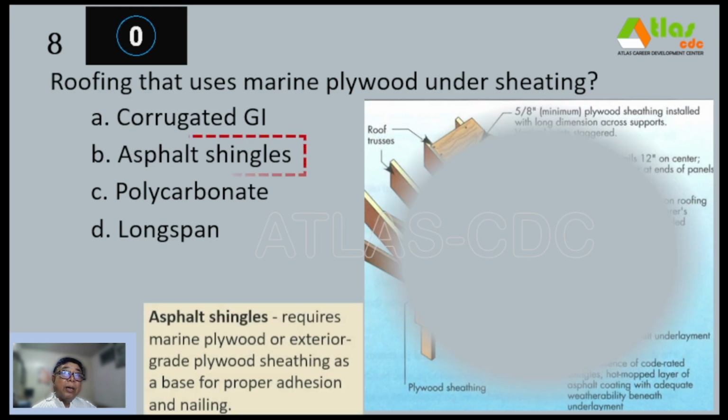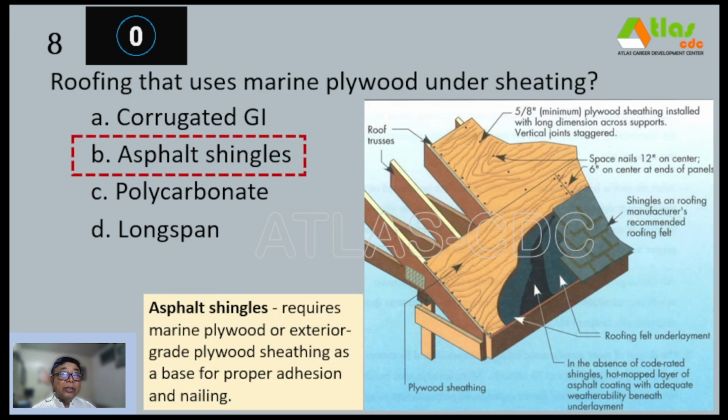And our correct answer is letter B, asphalt shingles. So asphalt shingles requires marine plywood or exterior grade plywood sheeting as a base for proper adhesion and nailing.